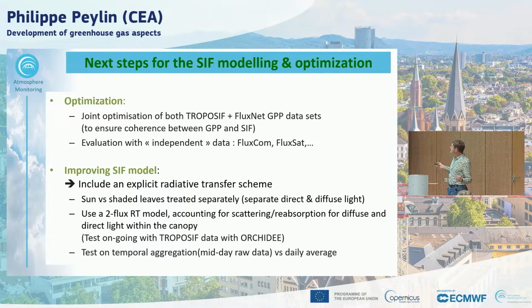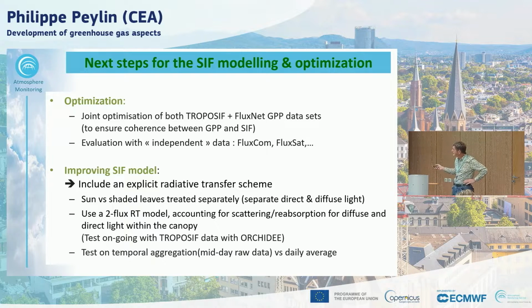So after, we will do a joint optimization using fluorescence data and GPP data that is measured on site, in order to ensure that we simulate fluorescence well, but also GPP at the same time, not degrading one with respect to the other.